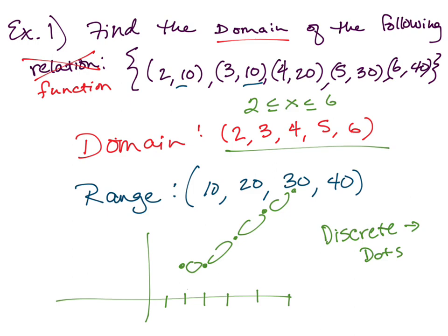So if I told you that the grades on that quiz we took yesterday went from 55 to 100 in this classroom, does that mean that every single number in that range was represented?